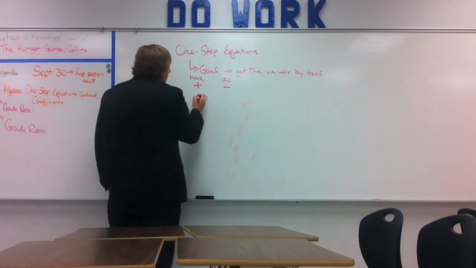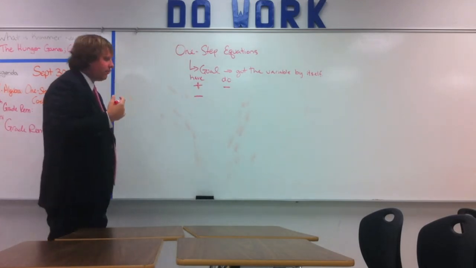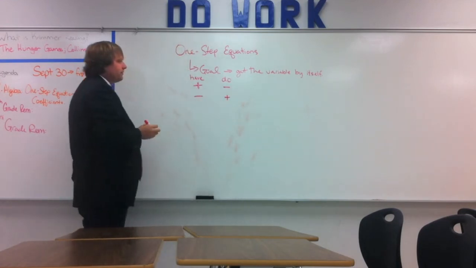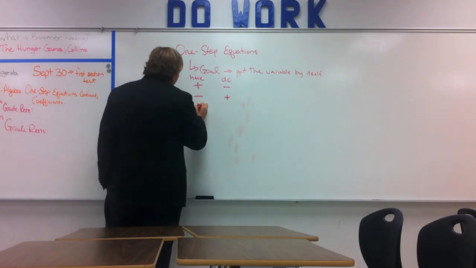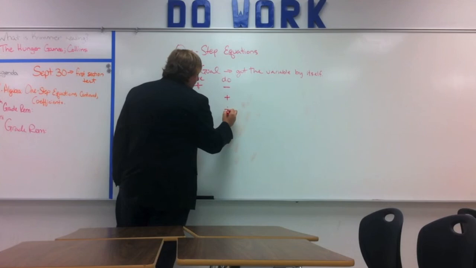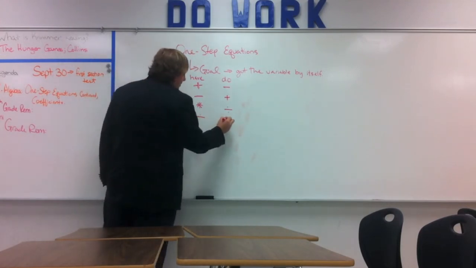If you have a negative number, if you're subtracting a number from x, then you need to add that number to both sides. If you're multiplying a number to x, then you need to divide that from both sides. And if you're dividing, then you need to multiply.